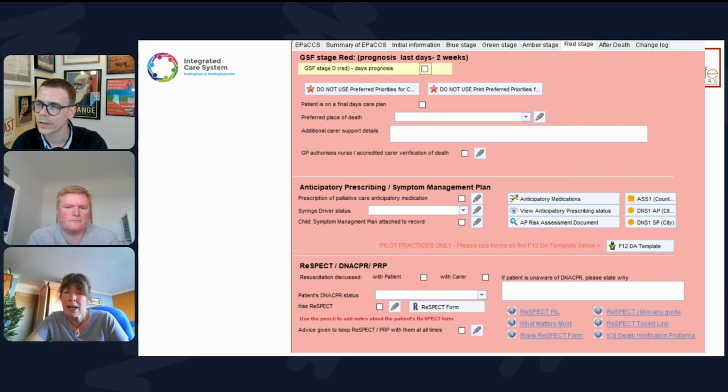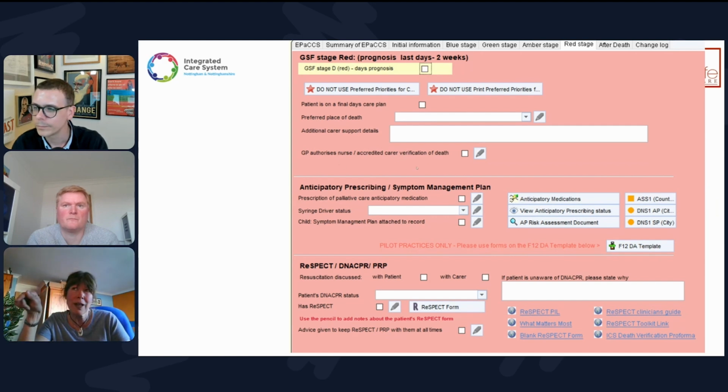Can I highlight here: the GP authorizes nurse or accredited carer verification of death. Again, if we can save ourselves a whole stack of time by clicking this box, and I have asked for the link to the paperwork by which we can quickly complete that authorization on there.